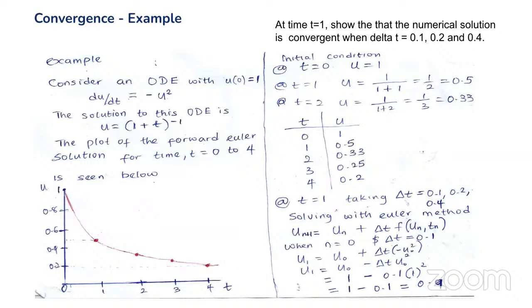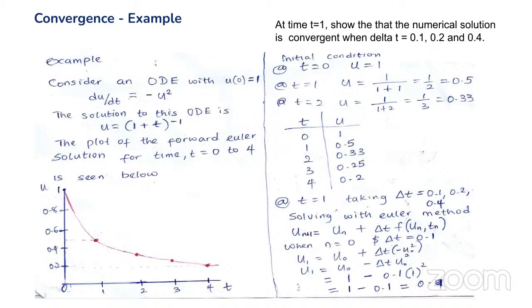So we can see the plot. And how did we come about the plot? If you look at the right hand side, we have the initial condition t equals 0 and u equals 1. We fit that into the original solution for the differential equation, where u equals 1 plus t raised to power minus 1.